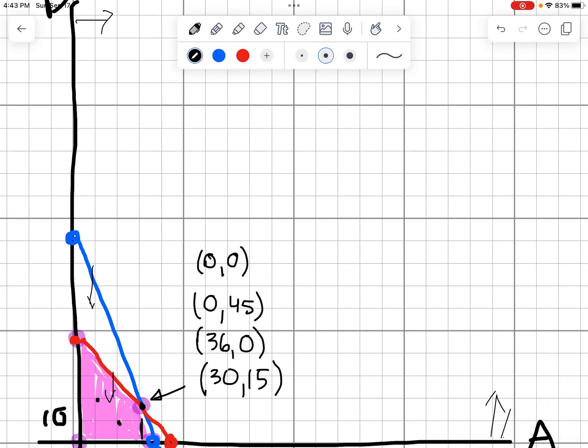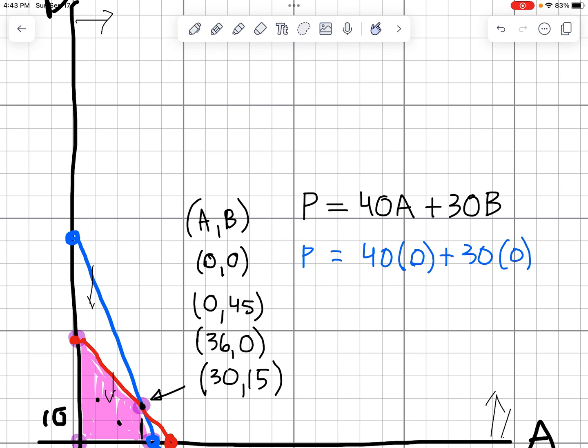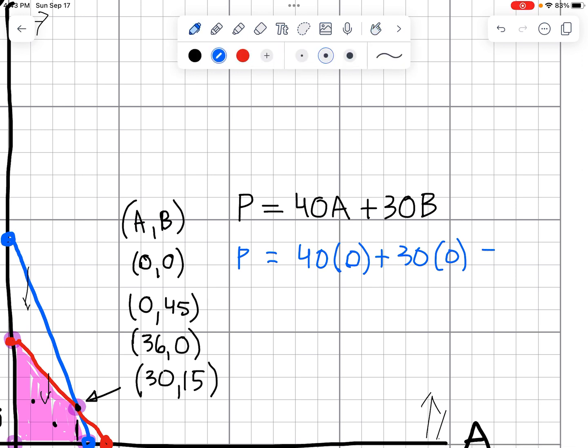So my objective function, my profit, equals $40 for every batch A plus $30 for every batch B. Okay, so now what I'm going to do, realize I'm writing these vertices in alphabetical order like we've talked about, I'm going to replace for each vertex the A and the B. Now this clearly will not be giving me the maximum profit, not doing any work whatsoever. I'll add those up and I get 0.